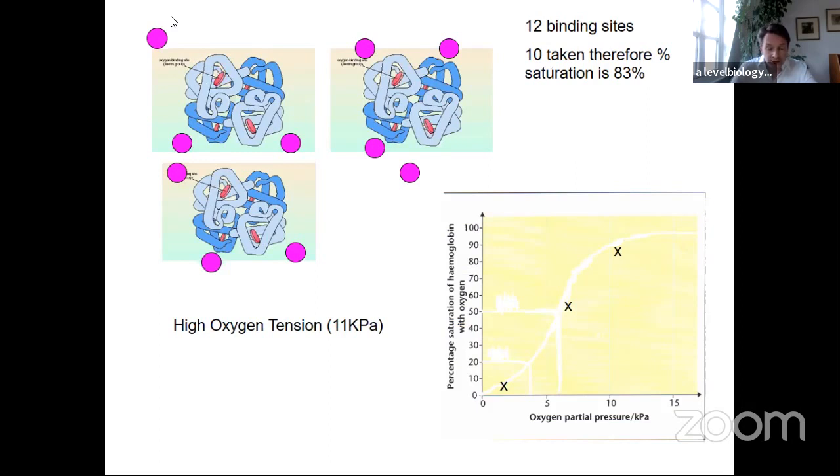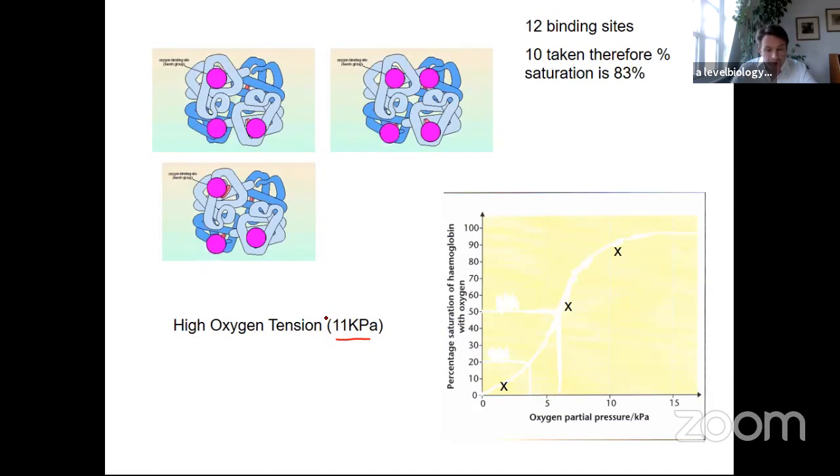If we increase to very high partial pressures of 11 kilopascals, then more of the oxygen is going to diffuse in. And now 10 out of the possible 12 binding sites are taken. So now we've got a saturation of 83%.